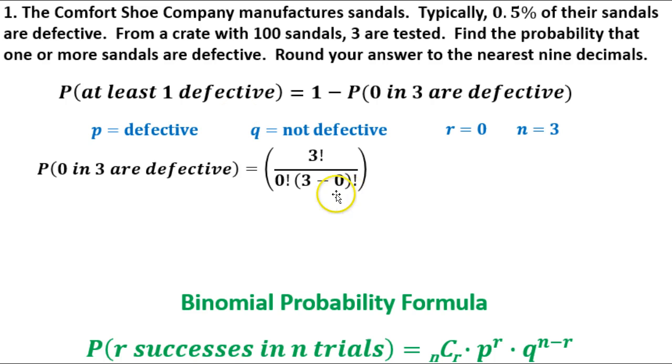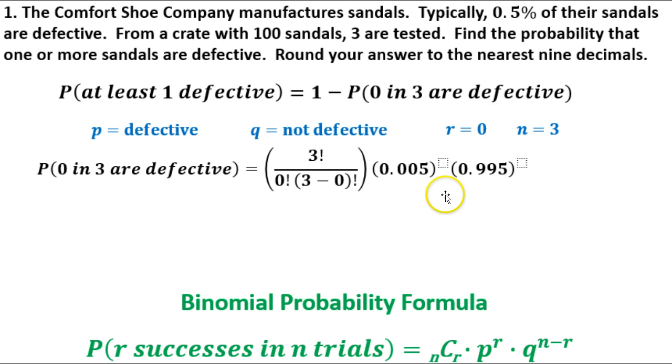Next, we bring in the probability that the sandal is defective, and that's this 0.5%. If we convert that to a decimal, remember we've got to move it over 2, so that's 0.005. Then we multiply that by the probability that it is not defective, which is 0.995. Now we can start filling this in.